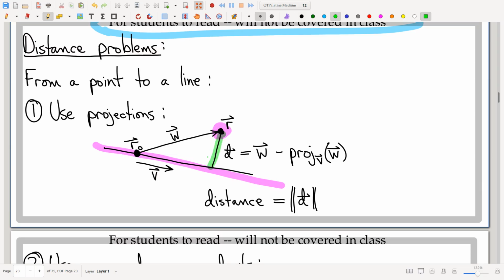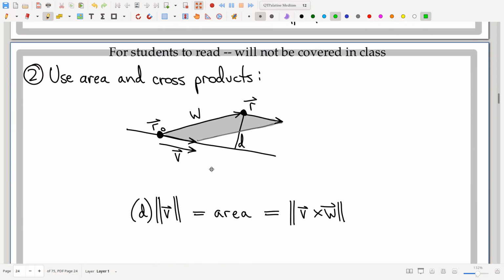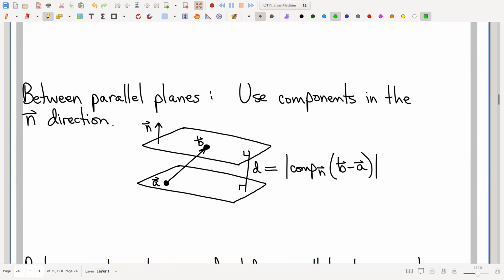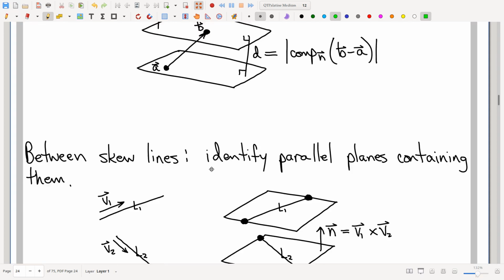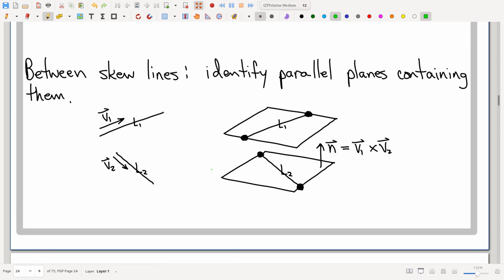That's always implicit. So how do you compute that distance? And you play certain games, and these are the objects that you would play with to compute this distance. And again, discussed in the book. Here's a different way to do it. Here's a different kind of problem. If you have two parallel planes, you want to find the shortest distance between two parallel planes. It's a different use of some different tools. Anyway, it's all just kind of fun and games with the objects that we've already discussed.